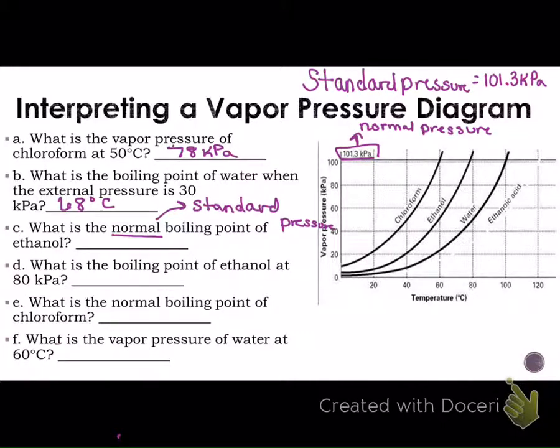I'm looking at what it is for ethanol. So following the line that they already put in for me at 101, I'm going to find where that intersects with ethanol. Where 101.3 kPa intersects with ethanol, that's where I'm going to trace my line down to approximate my temperature.